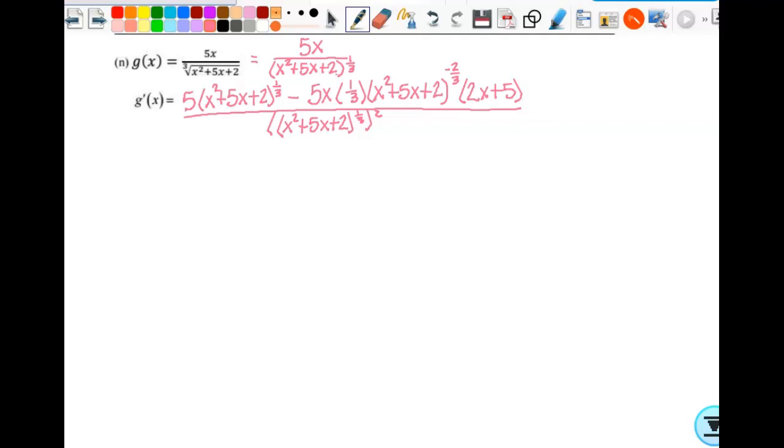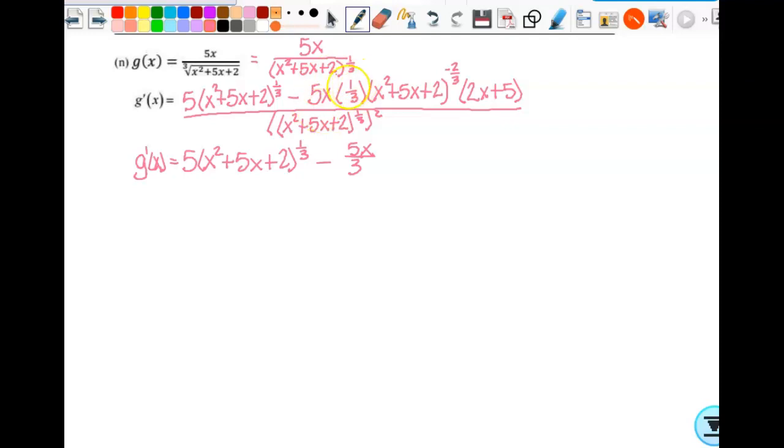Okay. All right. So we're going to rewrite the first. g prime of x equals 5 times (x squared plus 5x plus 2) to the 1/3 power. And then minus, all right, so I'm going to have 5/3, or 5x over 3.